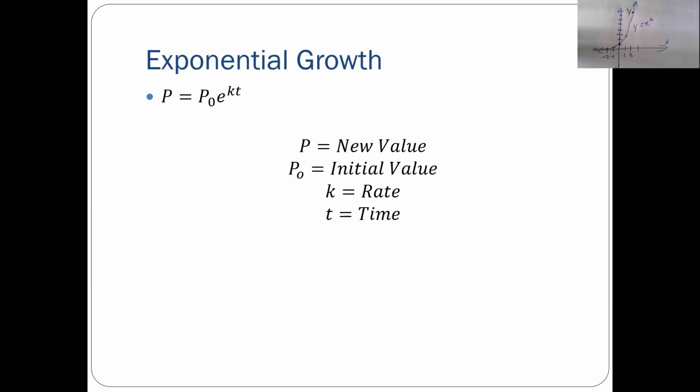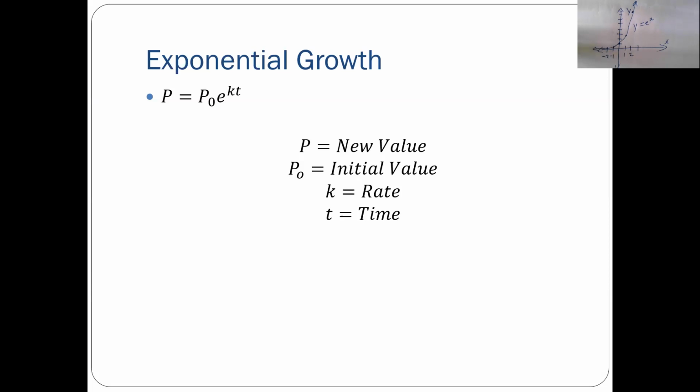The model is clearly for a situation where you have an initial value, maybe a population, or it could even be the number of coronavirus cases since we're in this pandemic right now. And then we will use the formula to calculate the new value. We will see a growth rate. And as you can tell from the last sketch, that curve, that growth rate, is going to grow rapidly. Exponential growth grows much more rapidly than the other models do.